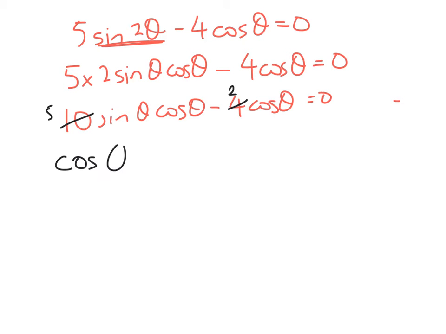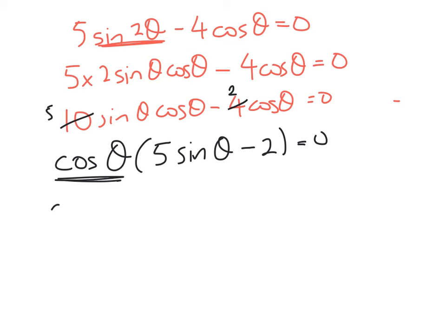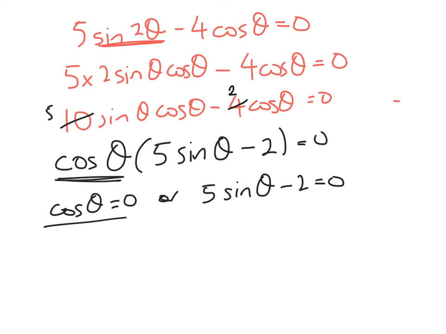So I've got cos theta times (5 sine theta minus 2) equals 0. So this will be true when cos theta equals 0, or 5 sine theta minus 2 equals 0. Now this, of course, is the equation we got for the first part.